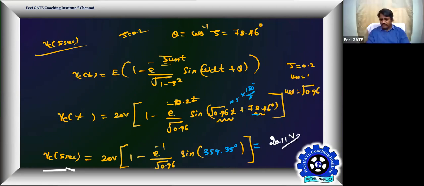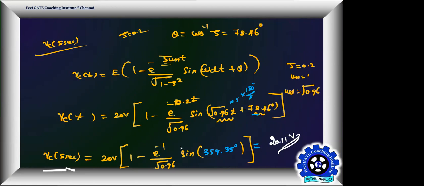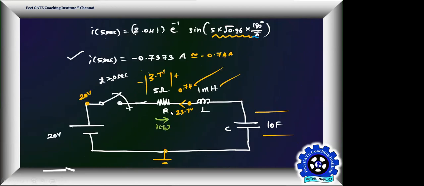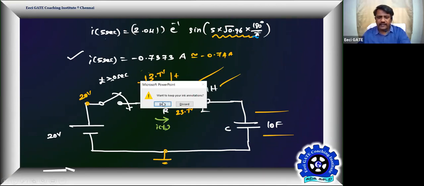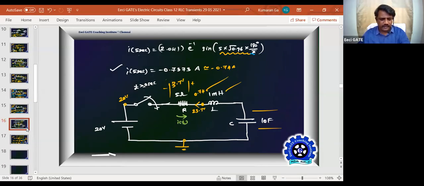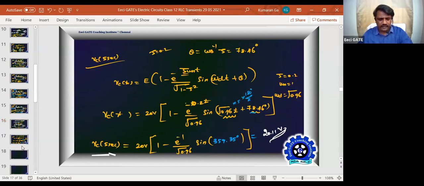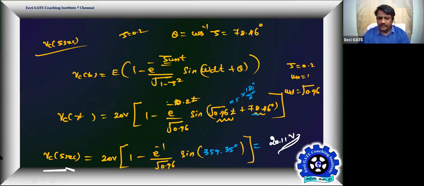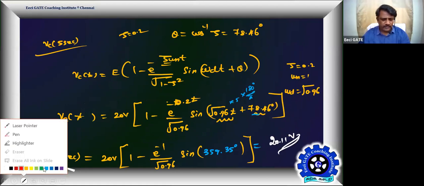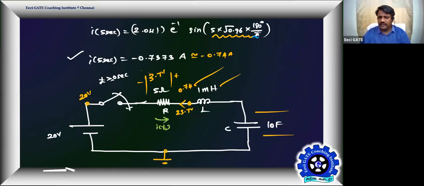Okay, 20.11 volt is the voltage across your capacitor at this point of time. So take that voltage across your capacitor. So voltage across capacitor is known. That is 20.11 volt.